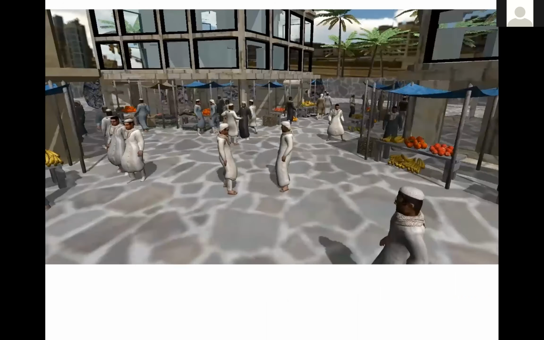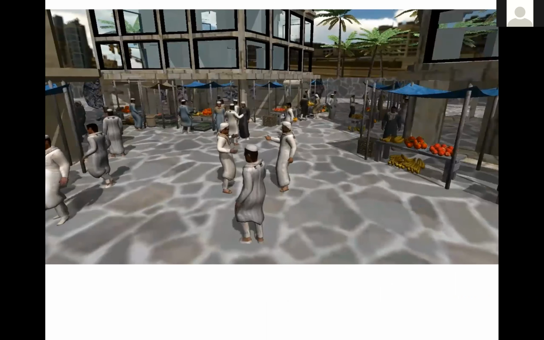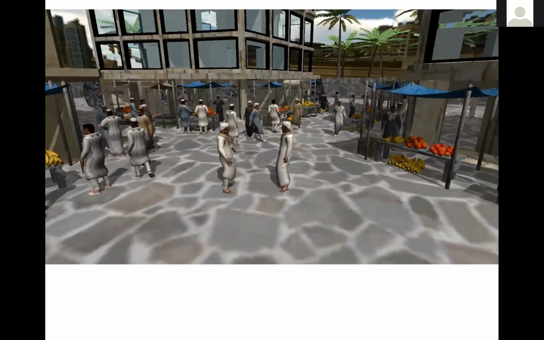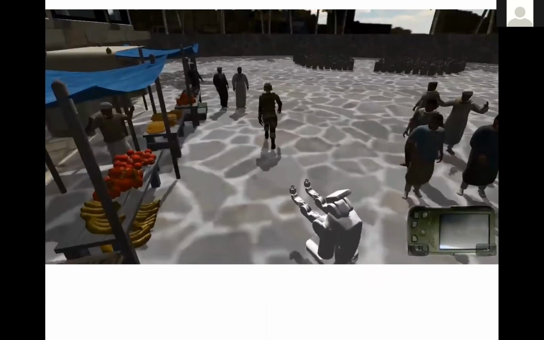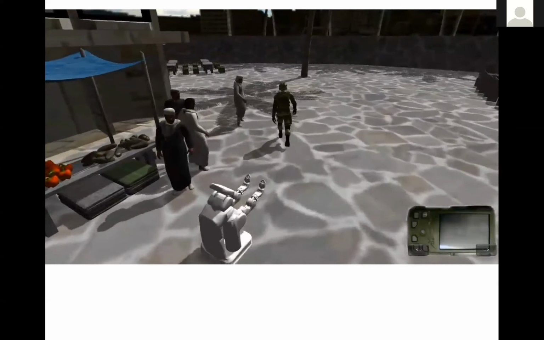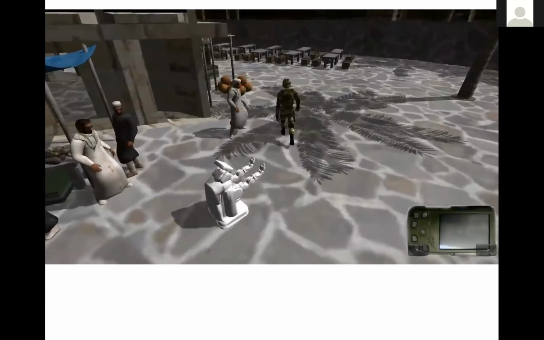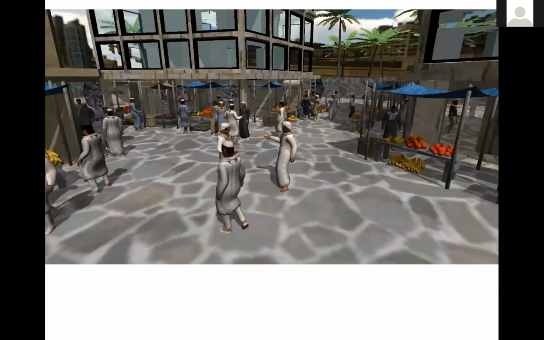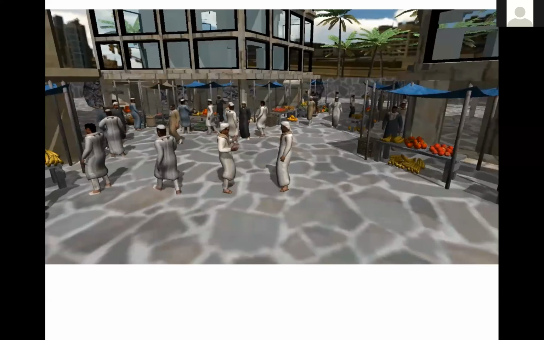These technologies have applications in a variety of areas, not only gaming, ranging from urban planning, disaster and security simulations, robotic simulations, training simulations, and of course, serious games. The video demonstrates a military training exercise that we conducted using a simulator that we developed.